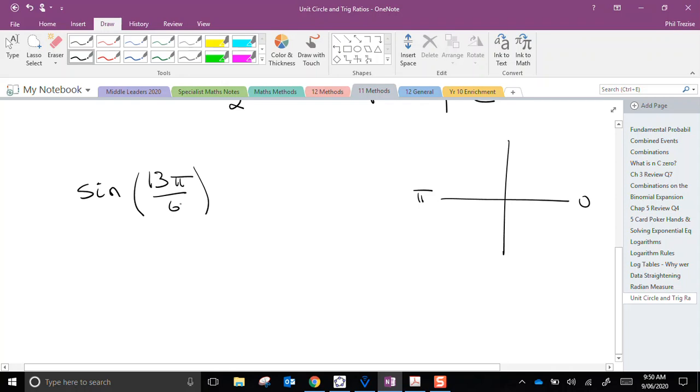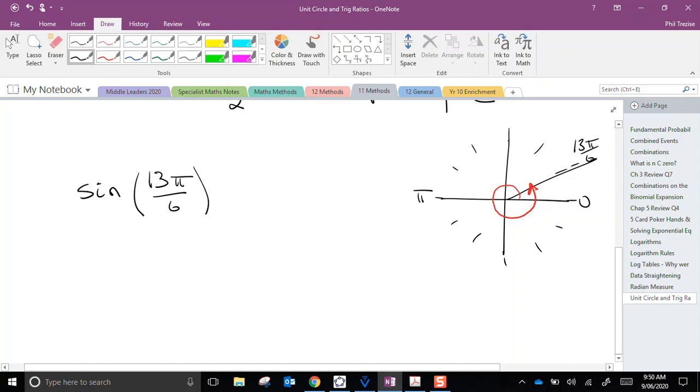Now, the denominator says 6, pi divided by 6. So I would mark off here 1, 2, 3 steps, 4 steps, 5 steps. By the time we get to pi, that's 6, 7, 8, 9, 10, 11, 12, 13. I have gone all the way round and then an extra one. 13 pi over 6 is here.